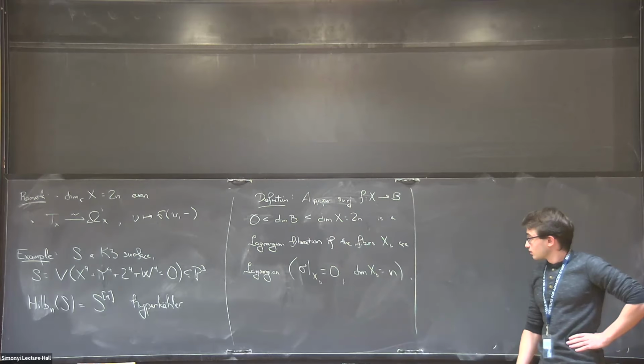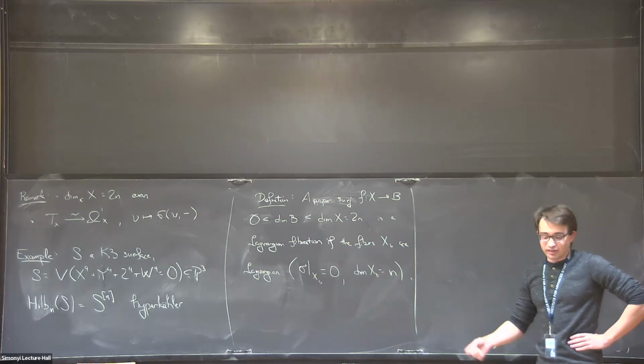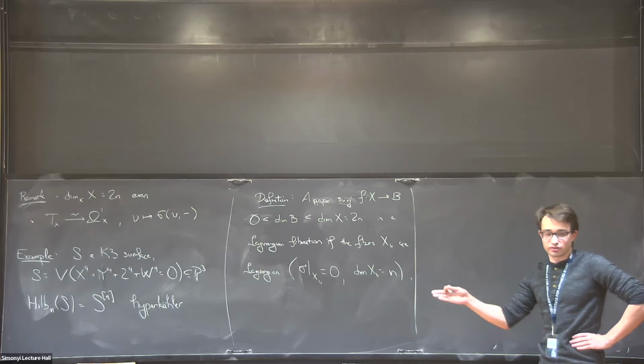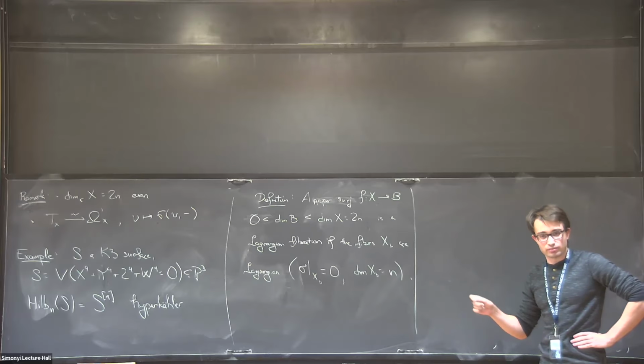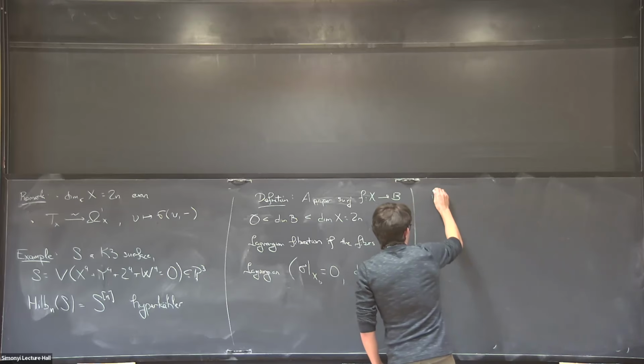So B will have dimension n. Yes, B will have dimension n. But a priori, it's not clear that B has to have dimension n if it's not a Lagrangian fibration. Just any proper surjective map could exist unless you know that such a proper surjective map has to be a Lagrangian fibration.